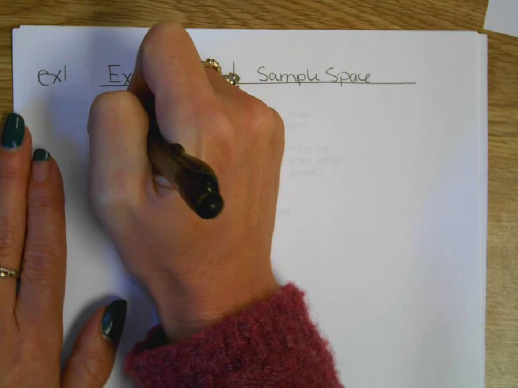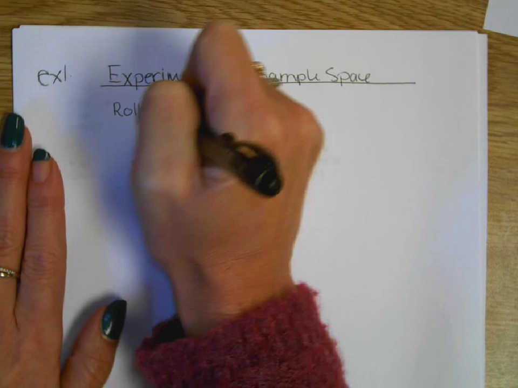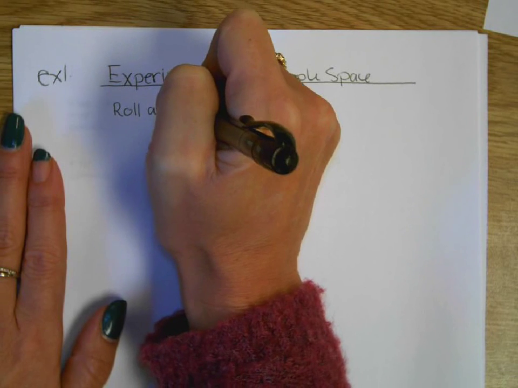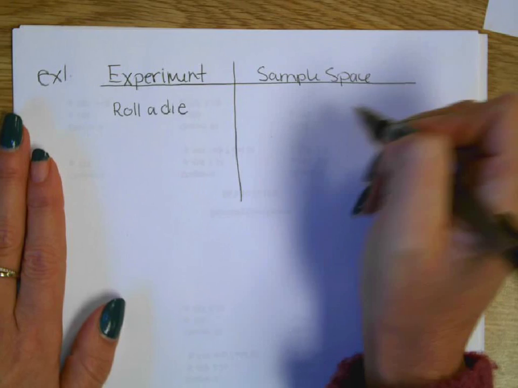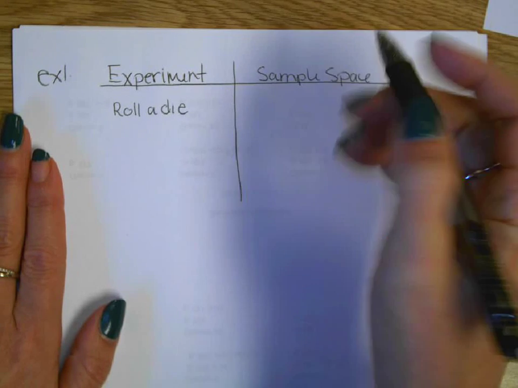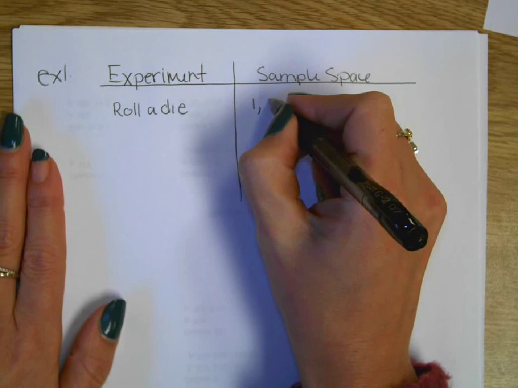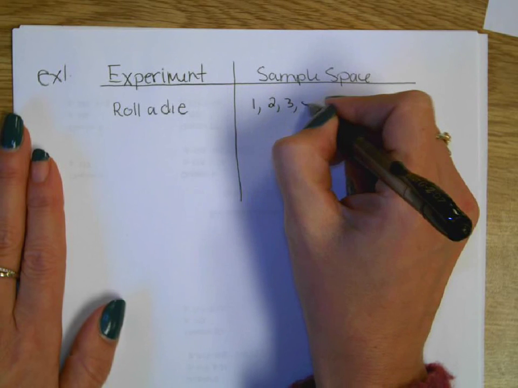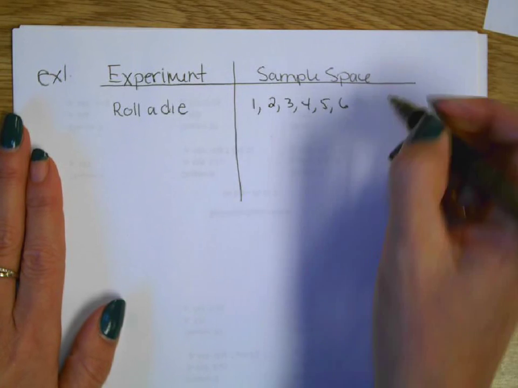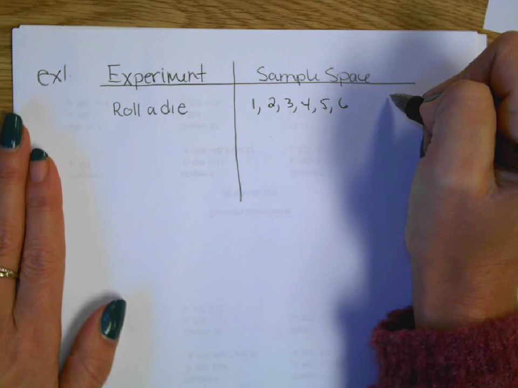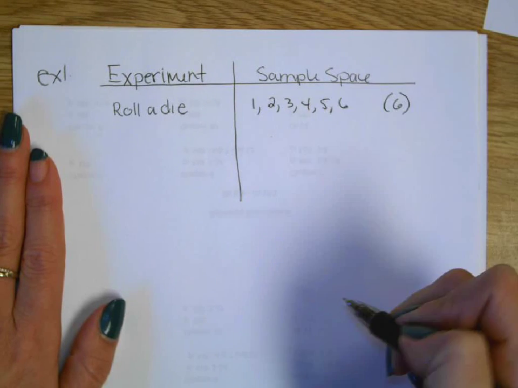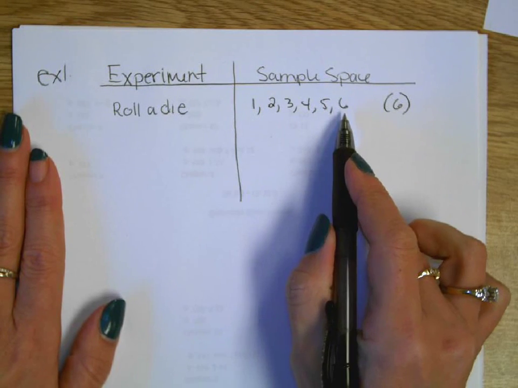So first we'll start easy. Roll a single 6-sided die. So your sample space, what could possibly turn up when you roll a die, is 1 dot, 2 dots, 3 dots, 4 dots, 5 dots, or the 6 dots. So there are 6 total outcomes in that sample space. And there's a list of them.